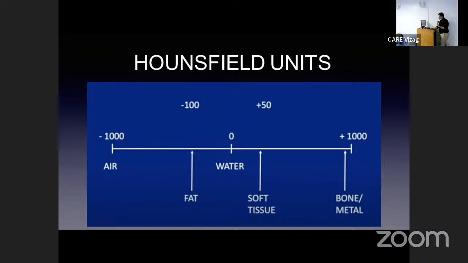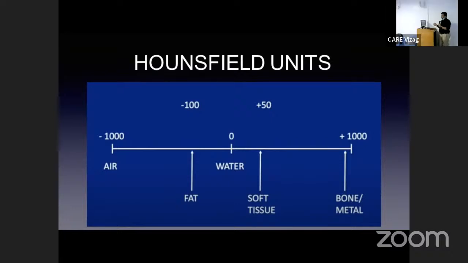This is what Hounsfield has given us. But the irony is that we have only around 34 to 35 shades of gray. From the brightest to the darkest, it can be represented only in 35 values, but the range is from -1000 to +1000. And even metallic objects, we have seen up to +1500, +2000 HU also.